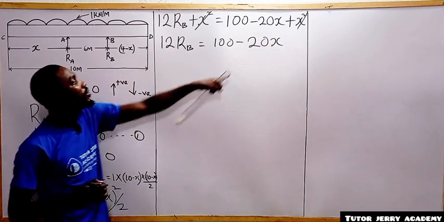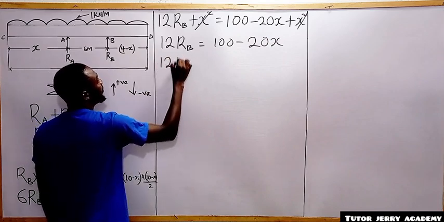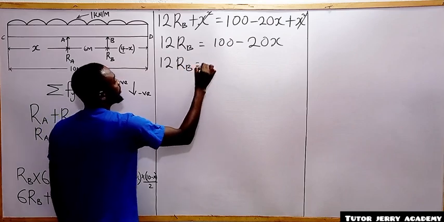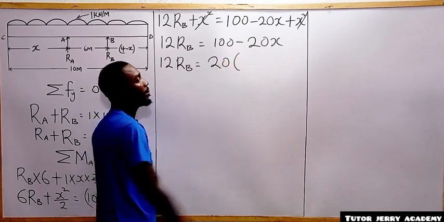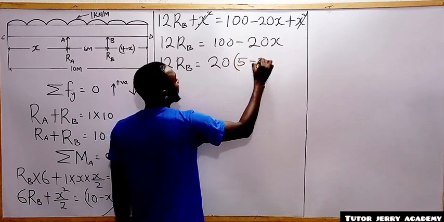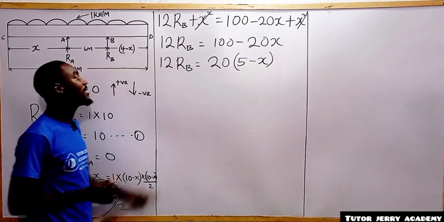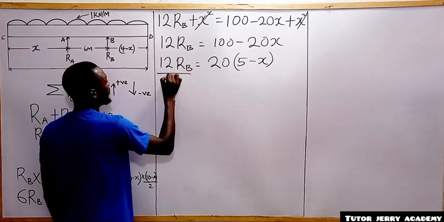All right, so now if you look at this, 20 is common, we can factor out 20. So I'm going to have 12 RB to be equals to 20 into, so if you remove 20 from 100, I'm going to be left with what? 5 minus S. All right, so for us to get our reaction at B, we are going to divide both sides by 12.